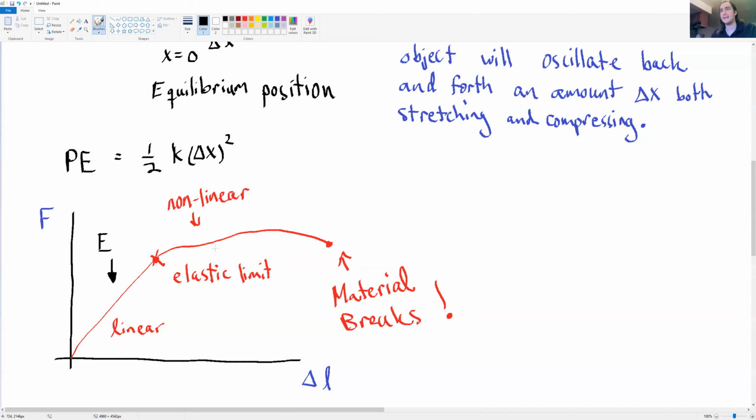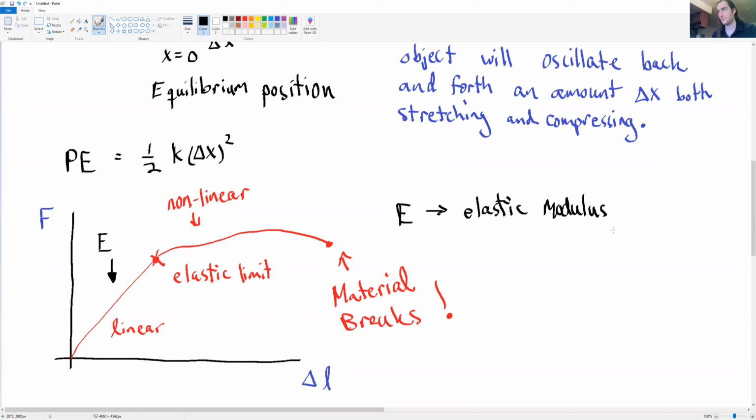This here is called the elastic modulus, or Young's modulus. Anytime you see that word modulus in physics, that usually means you're talking about a linear response of a material.